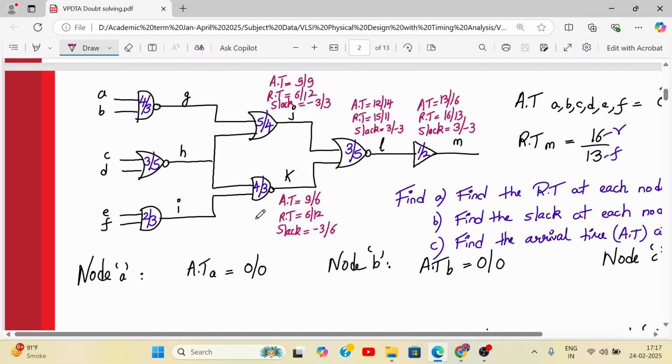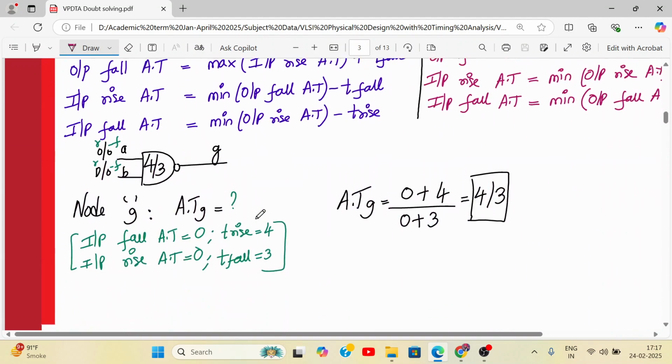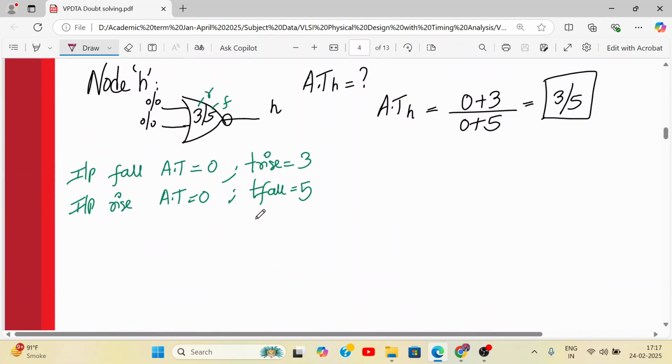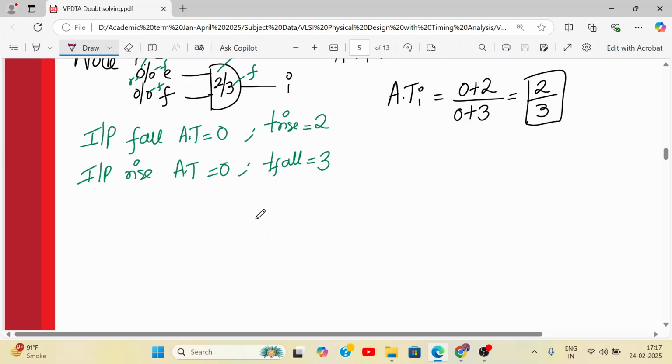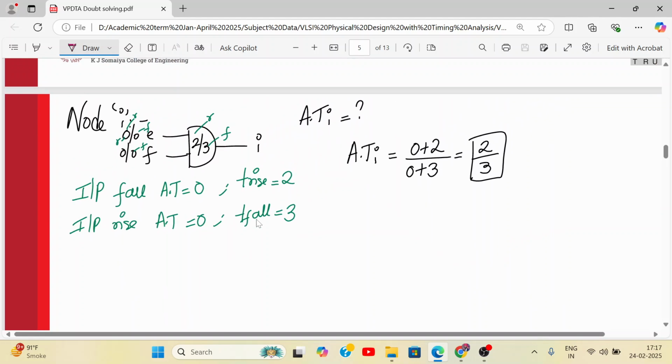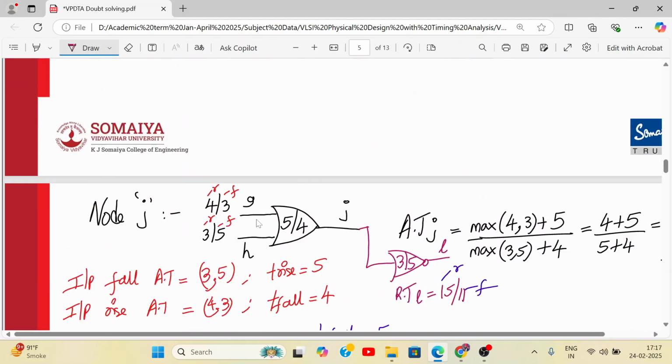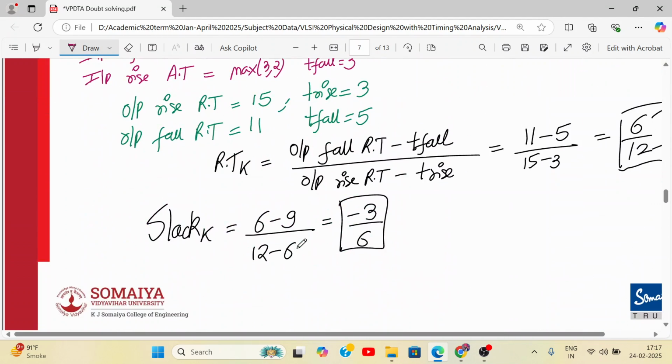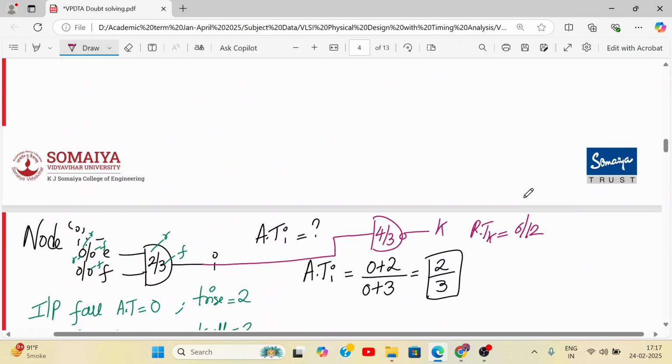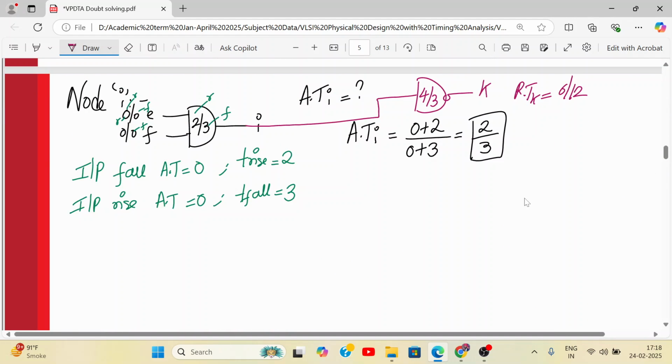All right, so let's check it out for node I. Node I is connected to one of the NAND gates whose rise and fall time is 4 cross 3. So this is node K, where the return time of node K is 6 by 12. Let us find out that node K return time is 6 by 12. Yeah, it is correct. And the delay associated is 4 by 3.